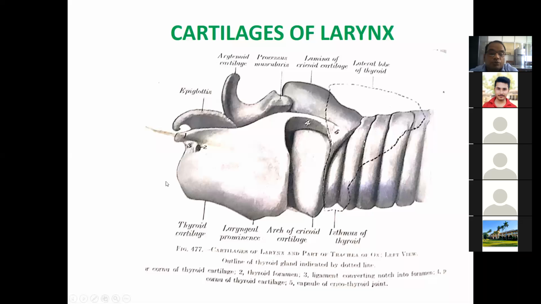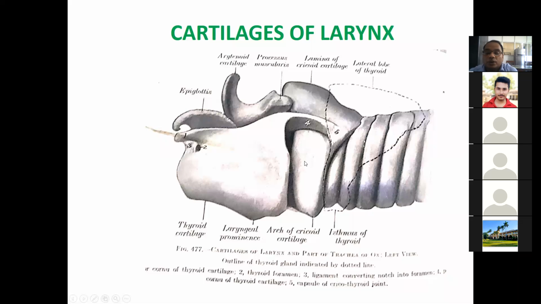You see this one is the largest cartilage, the larger among all. This is the thyroid cartilage. And you see this one, this is the epiglottis cartilage. Here is the thyroid, and this one is the arytenoid cartilage.